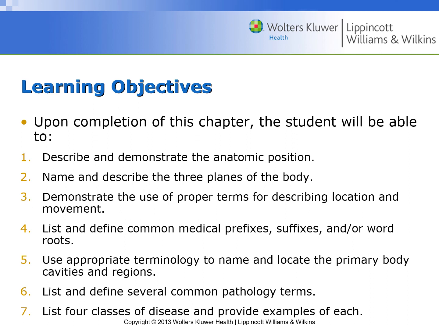They will be able to list and define common medical prefixes, suffixes, and/or roots. They will use appropriate terminology to name and locate the primary body cavities and regions. They will also be able to list and define several common pathology terms, and they will also be able to list 4 classes of disease and provide examples of each.